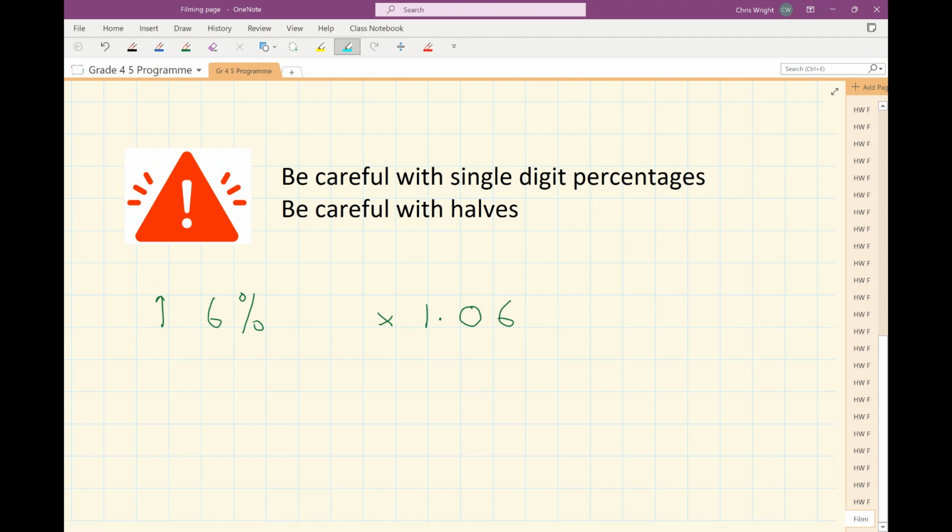Very often, questions with compound interest especially deal with halves. You might, for instance, be investing in a bank account that pays you 2.5% interest. So in that case, what is your multiplier going to be? It's going to be 1.025. So again, you need to be careful with single-digit percentages and be careful with halves.